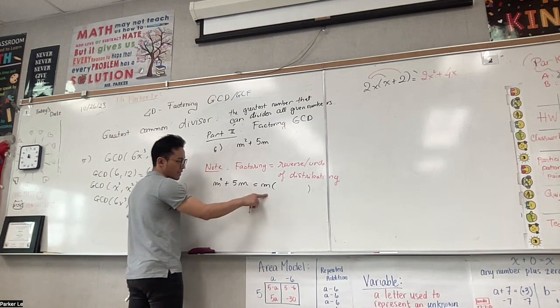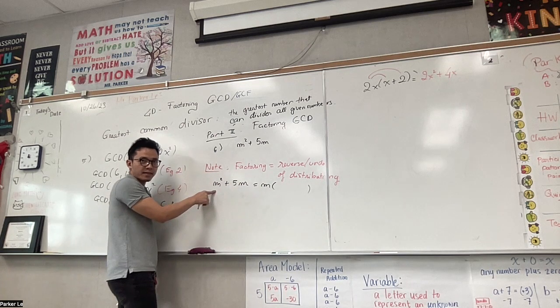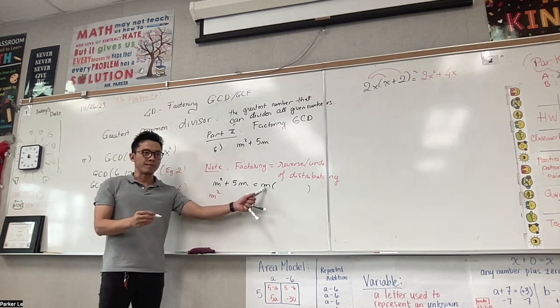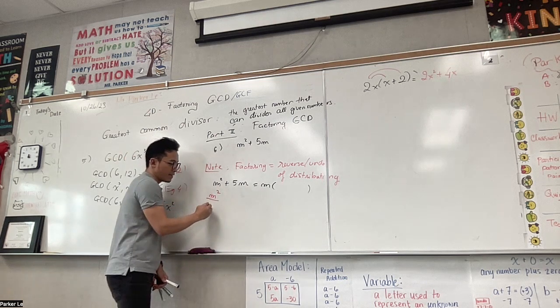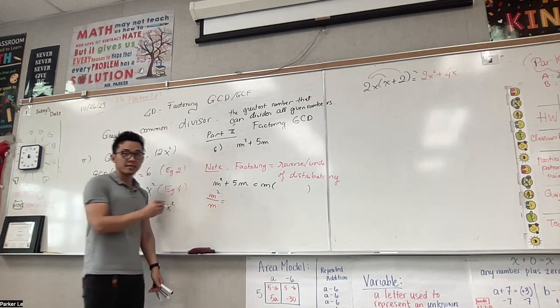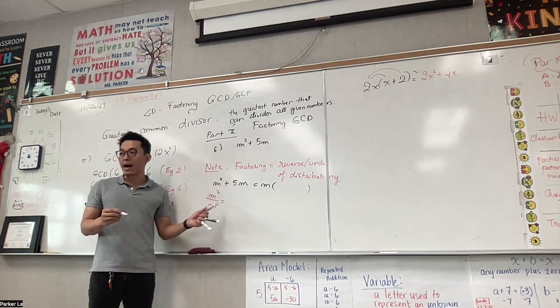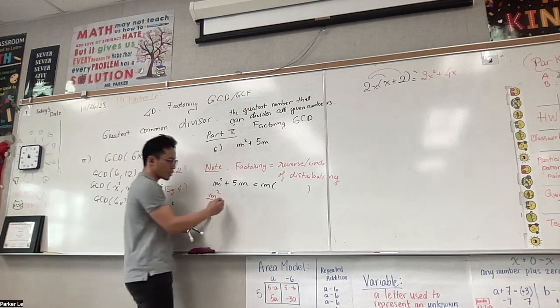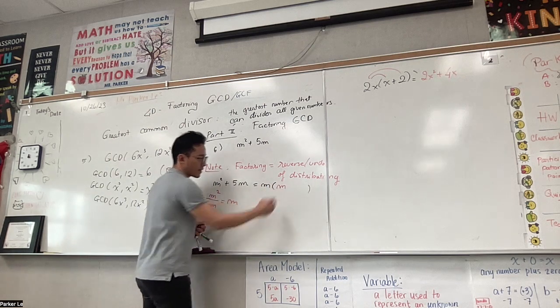Let me explain first. So originally, I have m squared. Okay. I took out m. That means I divided by m. Remember this. When you took out, that means you divide. What is m squared divided by m? M. Okay, so I have m left.